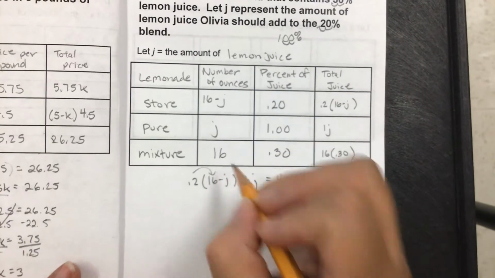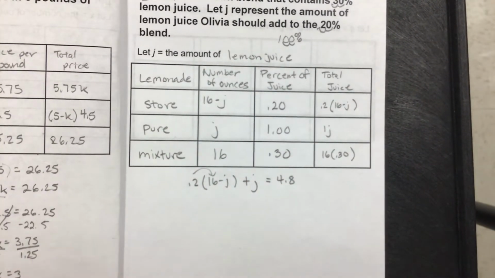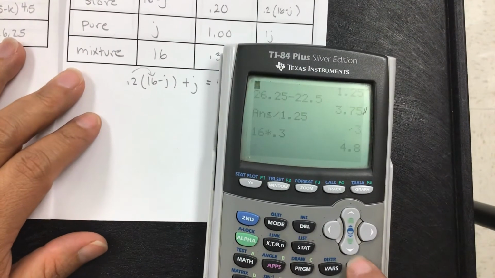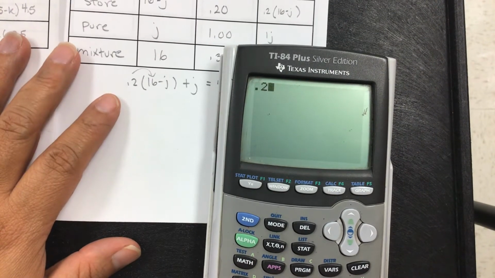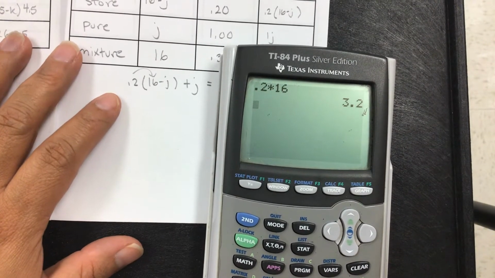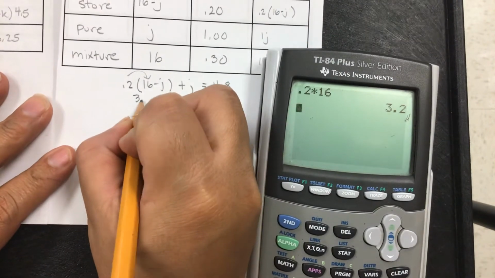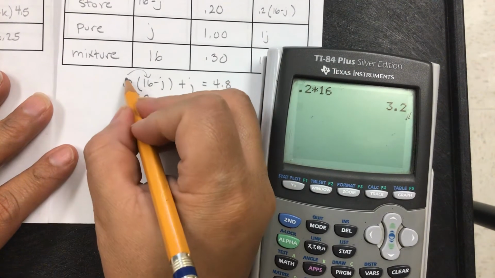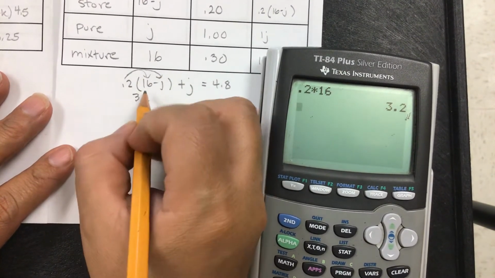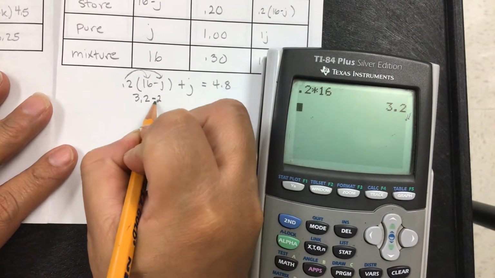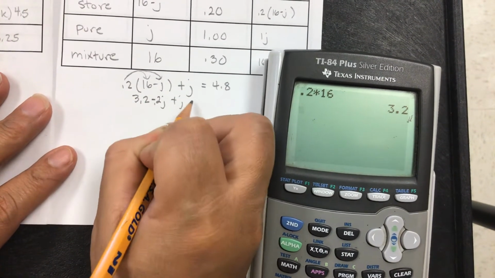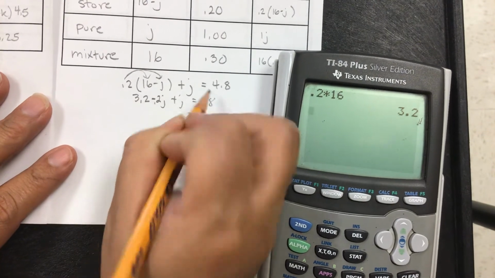Going to do the distributive property. 0.2 times 16 is 3.2, and then 0.2 times a negative J is a negative 0.2J, plus J is equal to 4.8.